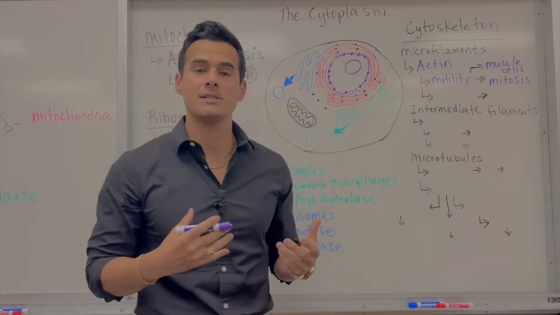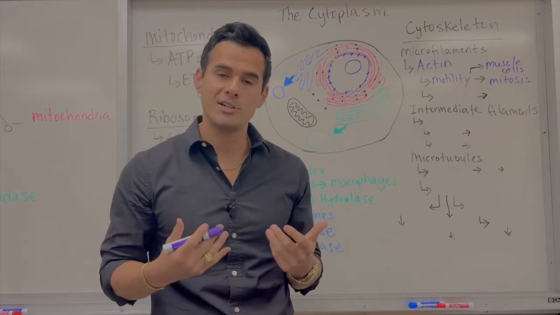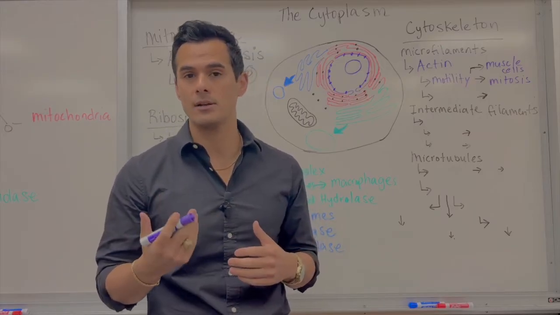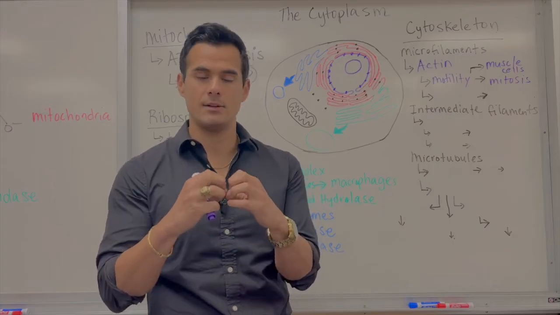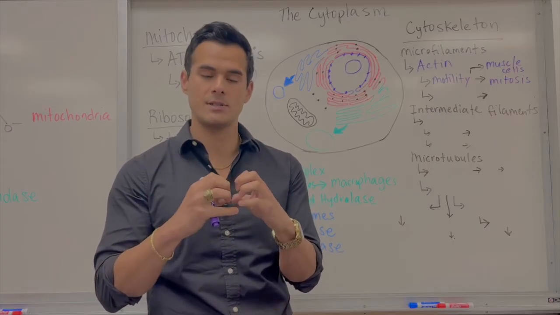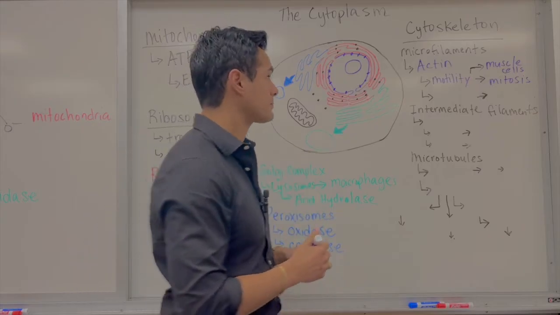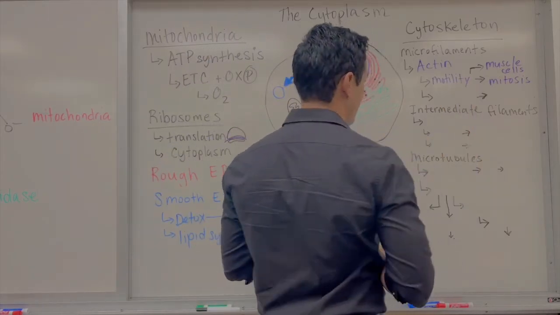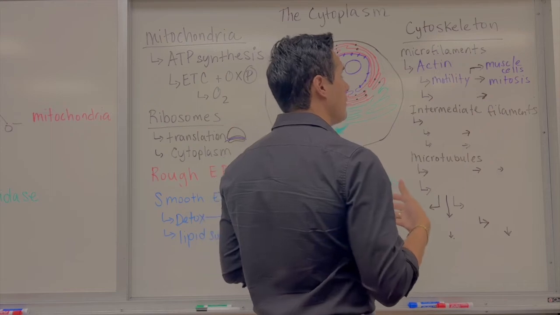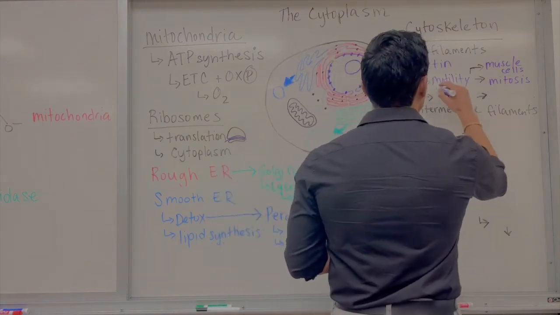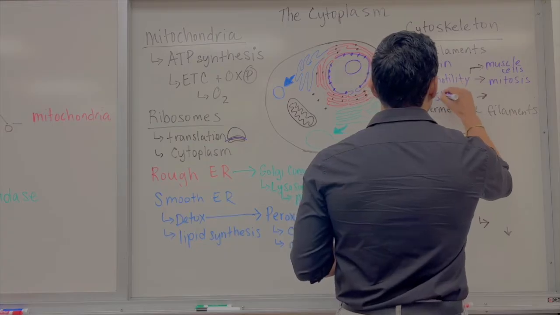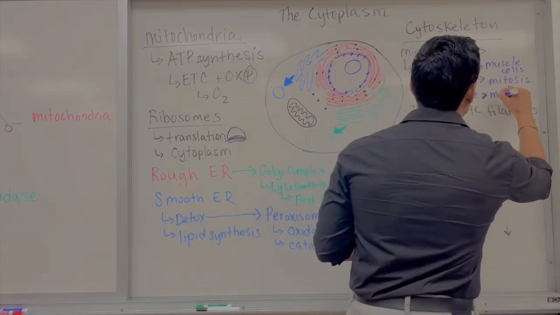For mitosis, we get the production of two identical diploid cells. And in order to cleave them apart, that actin forms a cleavage furrow, and then those cells are going to break apart. So that's for the motility aspect of it. Actin also plays a role in the structural component, known as microvilli.